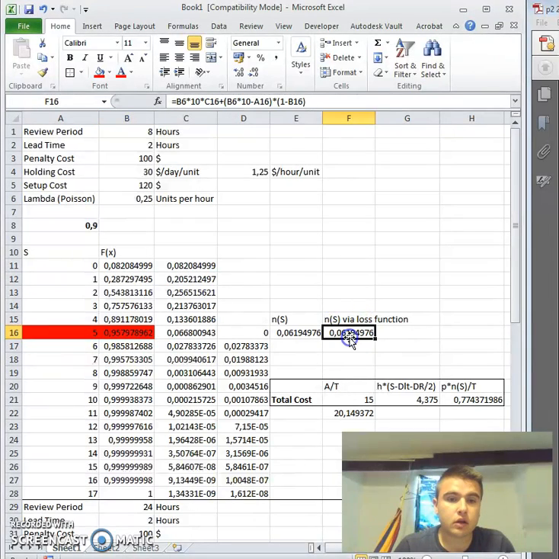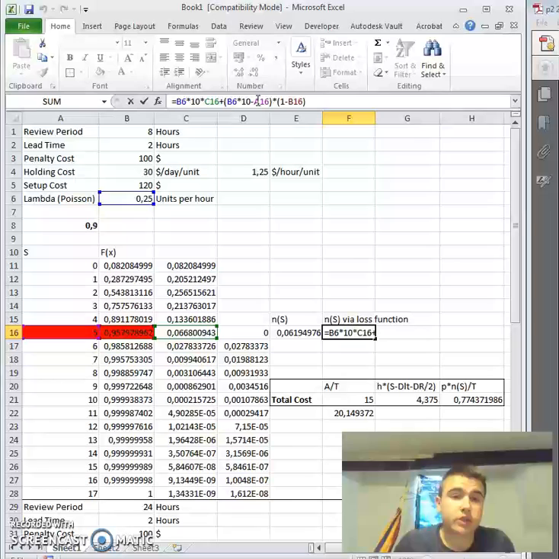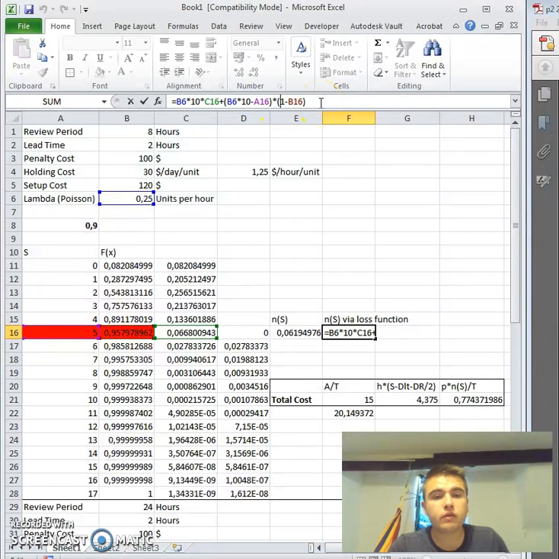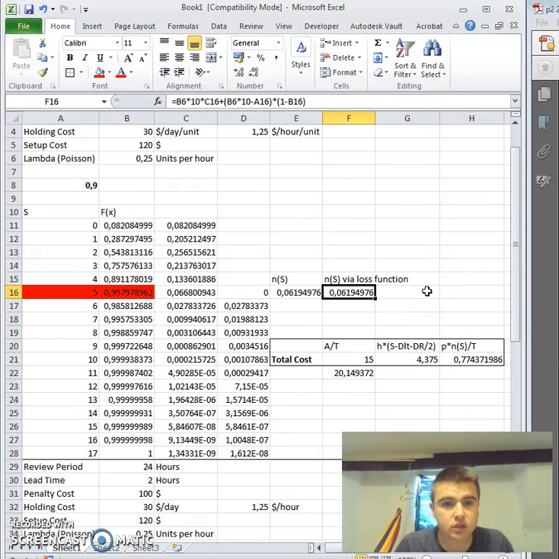First of all, find the loss function, which is the lambda times the probability distribution plus (lambda minus S, which is 5) times 1 minus the cumulative distribution of S, which gives you 0.06194976.